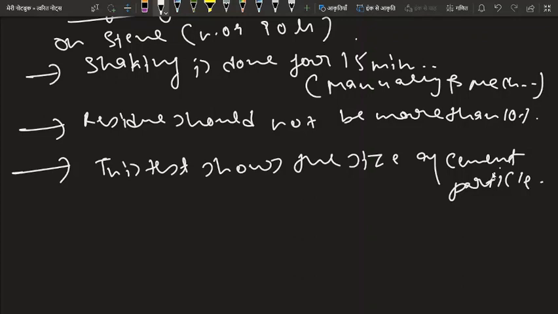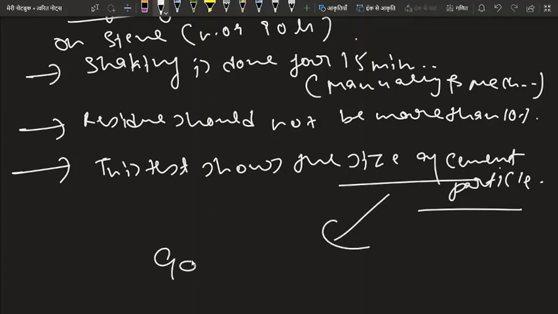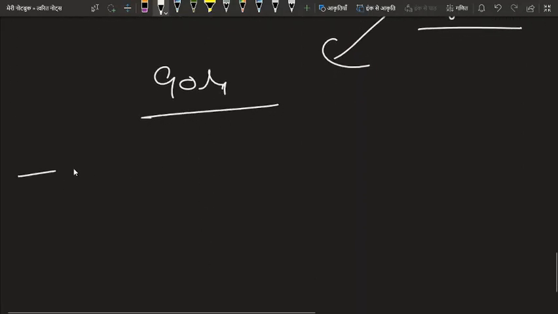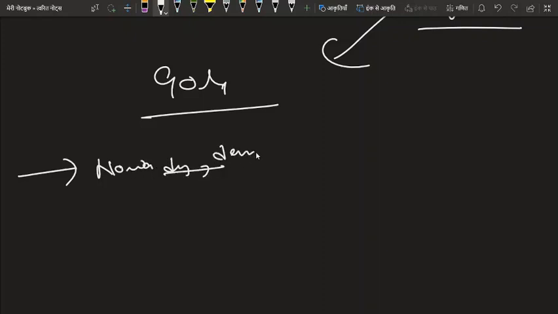This method is insignificant and is not used nowadays. This method is discarded.